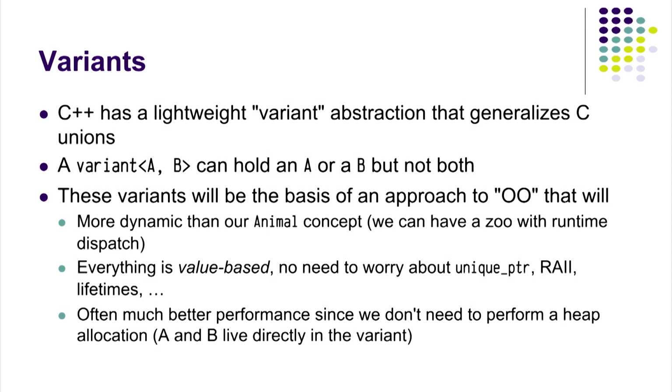So this will be more dynamic than having an animal concept because it can change at runtime whether it's holding an A or a B. And because everything's value-based, we don't need to worry about unique pointers, object lifetimes, stuff like that. And the performance may be much better because we don't have to call the memory allocator.